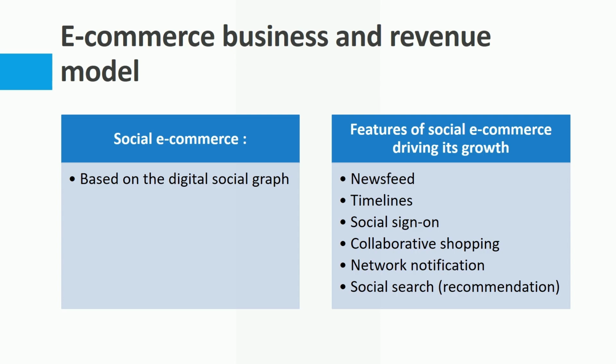So let's see the e-commerce business and revenue model. Social e-commerce utilizes platforms like Facebook, Instagram, and Twitter. It's rapidly growing, with companies investing billions in social media marketing. The concept of the digital social graph maps online social relationships, illustrating the interconnectedness and the potential reach and influence.